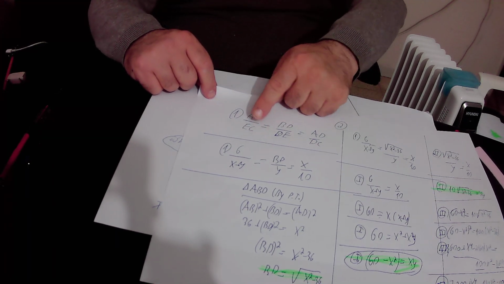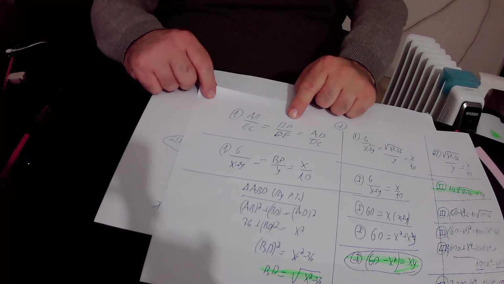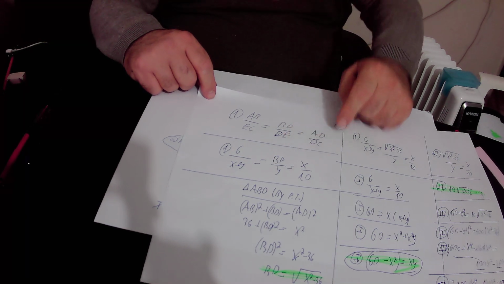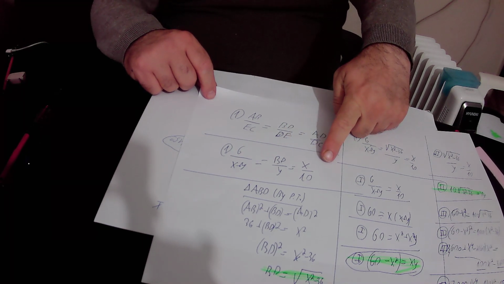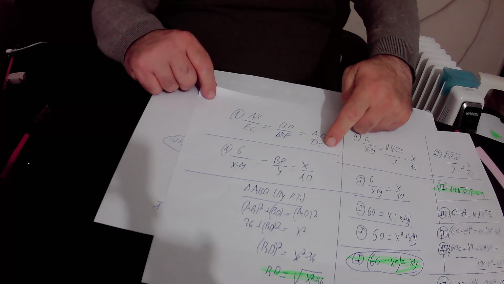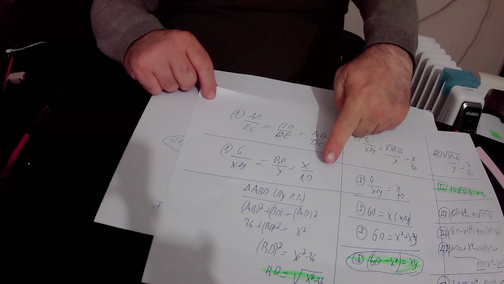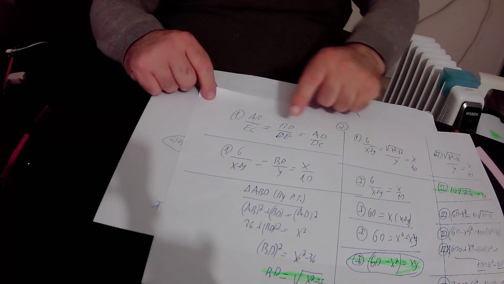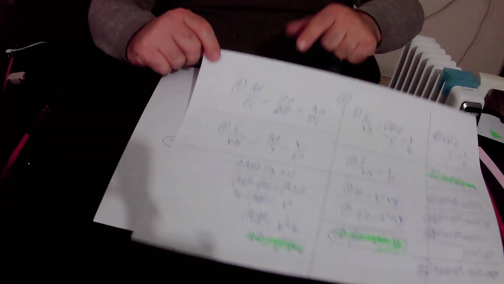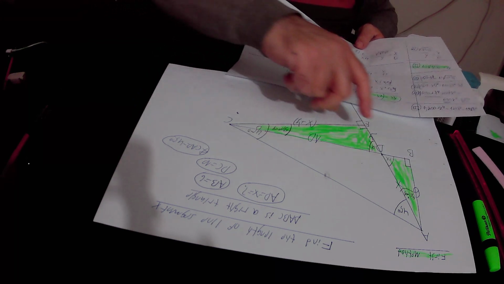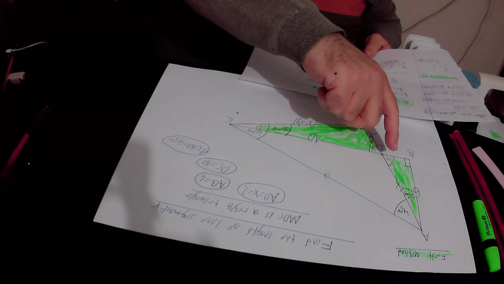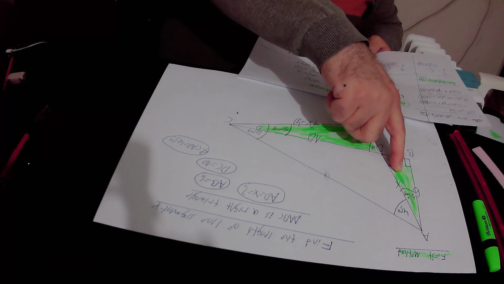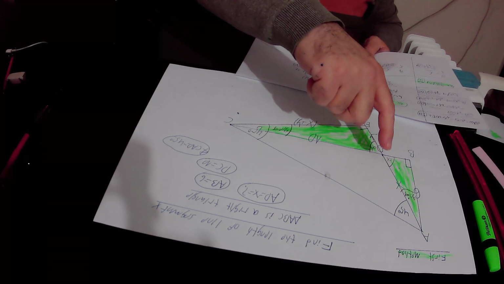AB is 6, EC is X plus Y, BD is BD, DE is Y, AD is X, the missing variable we are looking for, and DC is given in the question as 10. Then we find the value of line segment BD. What is the value of BD? According to the Pythagorean theorem, in the right triangle ABD, the square of the hypotenuse equals the sum of the squares of the perpendicular sides.